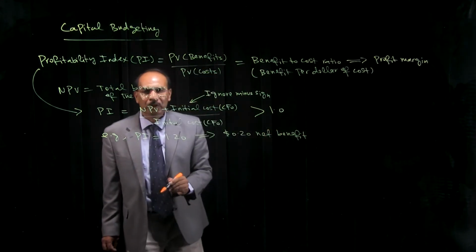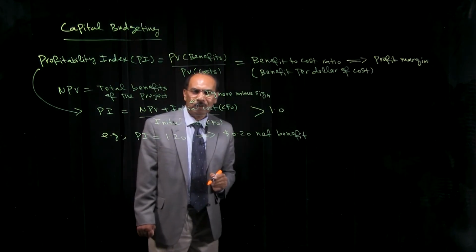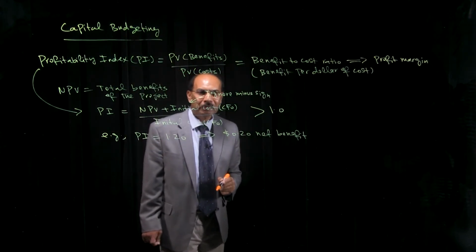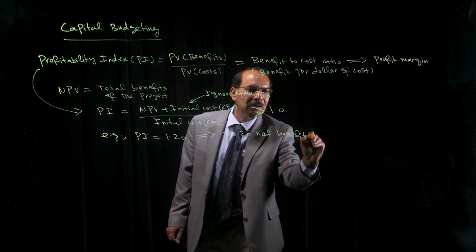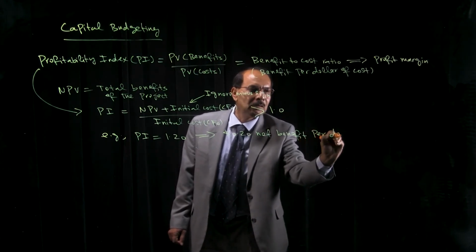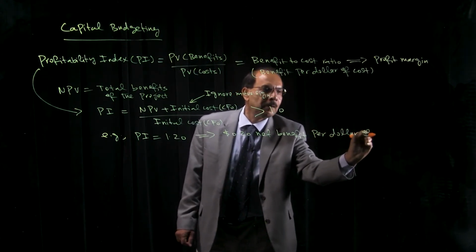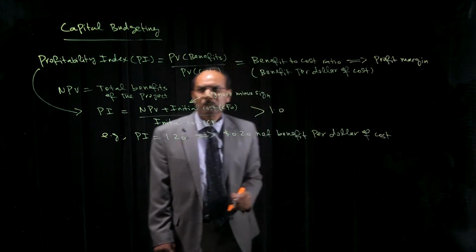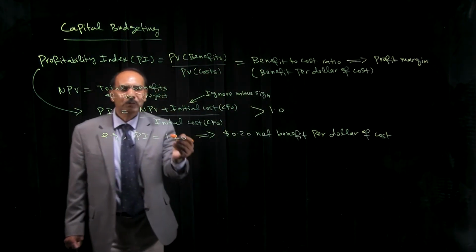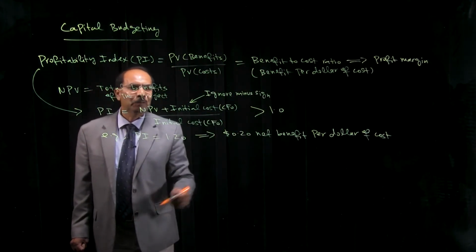This is what it's going to mean. The firm or the project is going to be generating 20 cents of net benefit per dollar of cost. So that's the reason we like to have at least this PI value to be higher than 1.